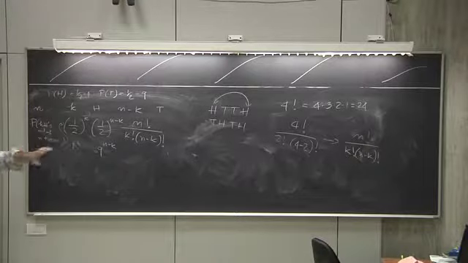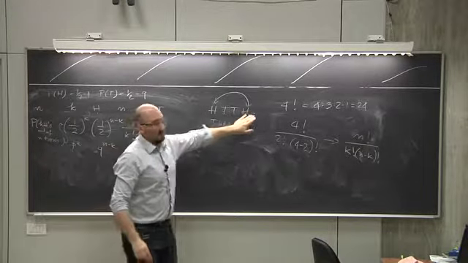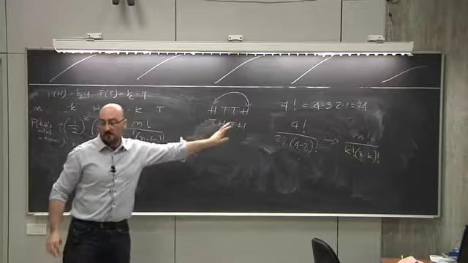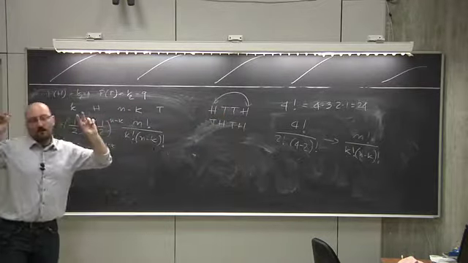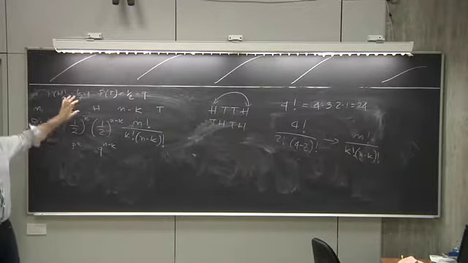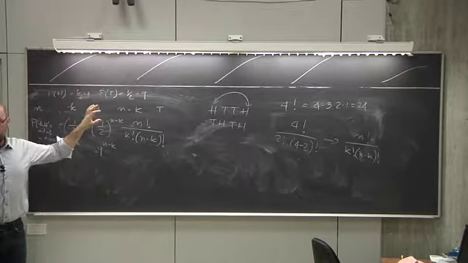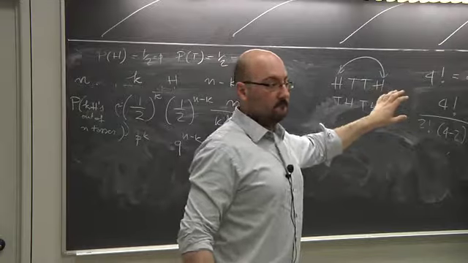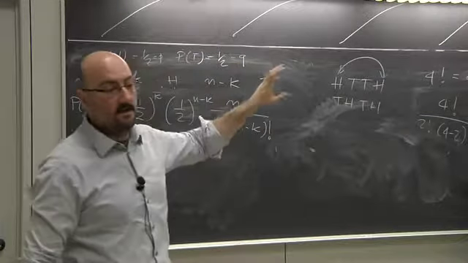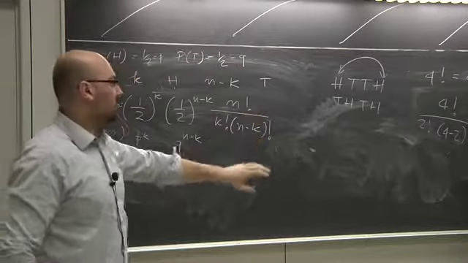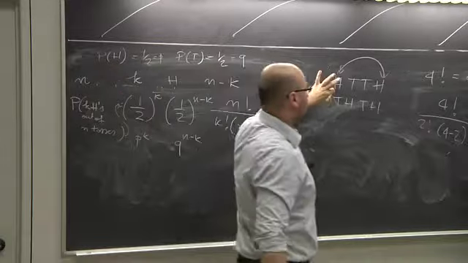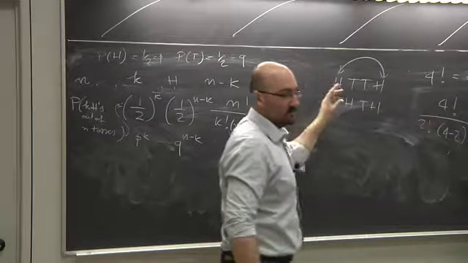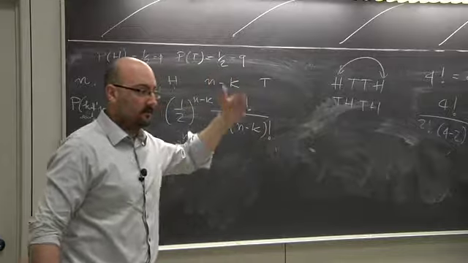The simple event here is the sequence, HT, TH, and so on. The complex event is how many heads there are, how many tails there are. Are there k tails? So I have to merge these events into a single event. So the probability of the single event increases.